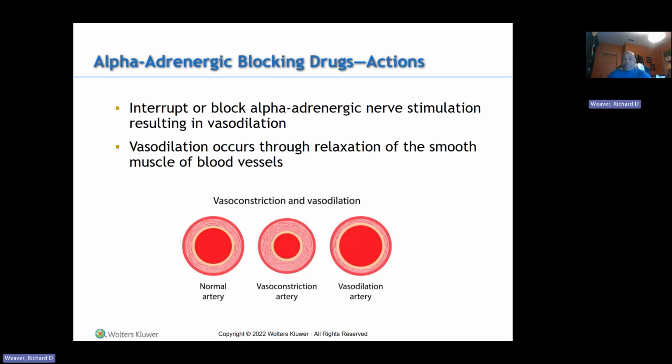But if we block them, then the catecholamines, epi and norepi, will not be able to stimulate those receptors. And so we get vasodilation instead.